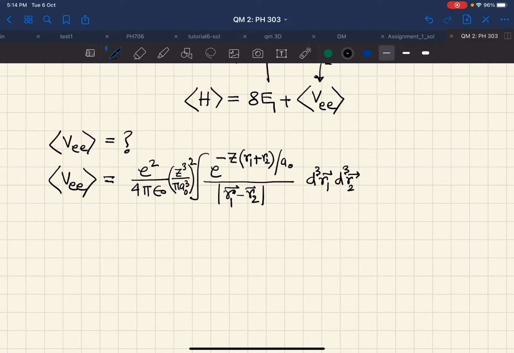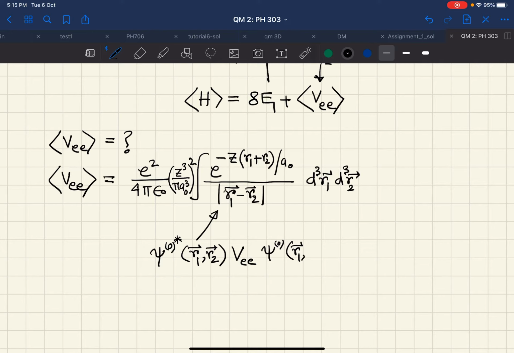What did we do here in writing this thing? We simply did not do any crazy thing here. What we did is that we had chosen, so this equation actually came from the fact that we have psi 0 star r1 r2 VEE psi 0 r1 r2.